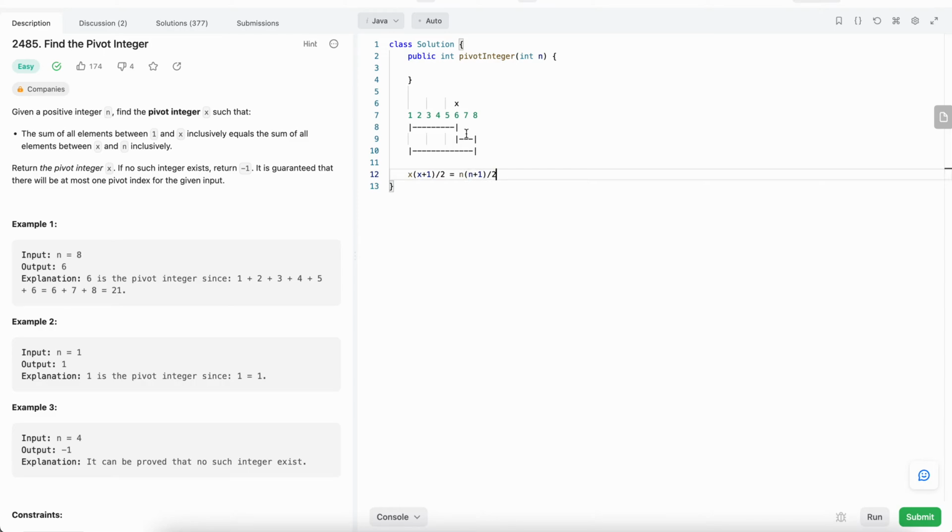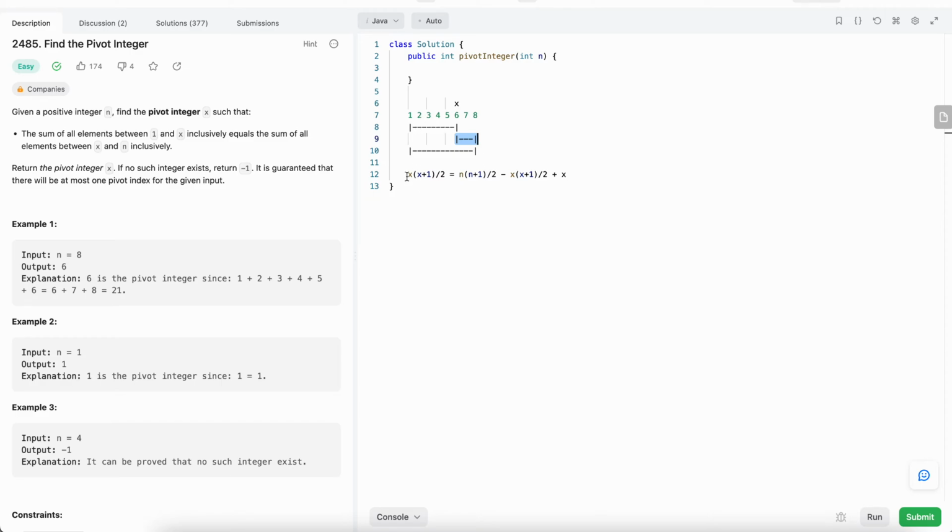That's the whole sum. And then minus x times x plus 1 over 2, because we subtract this sum, and then we add x because since 6 was subtracted, we need to add 6 because 6 has to be part of this sum.